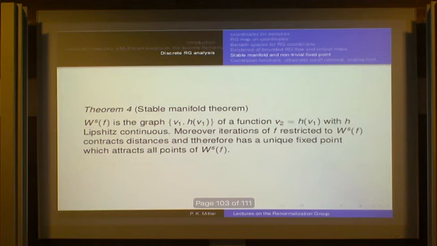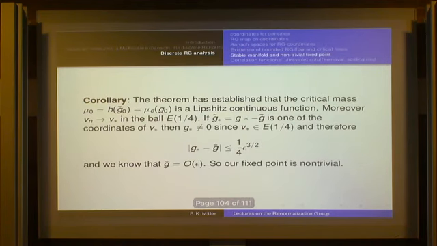So the corollary of this is that this fixed point is non-trivial. Because if Vn tends to V star, and G star minus G bar is one of the coordinates of V star, then G star is not equal to 0. Let's see where it is. V star is in this, and therefore G star minus G bar is at most 1/4 of epsilon to the power of 3r.